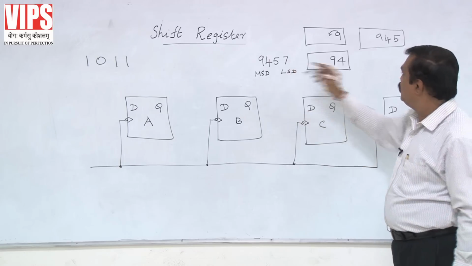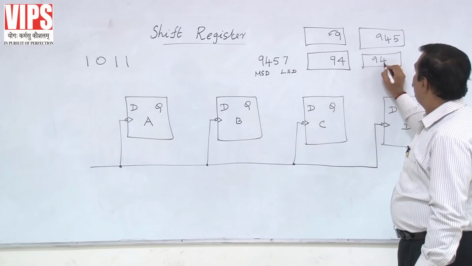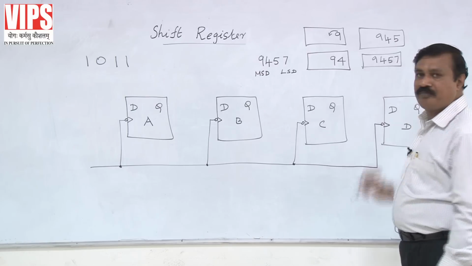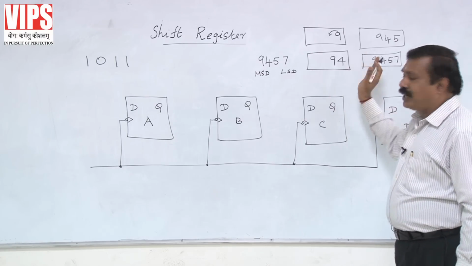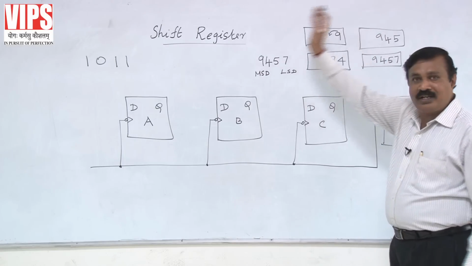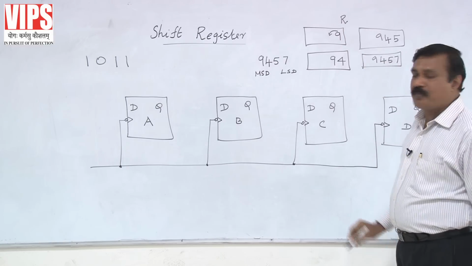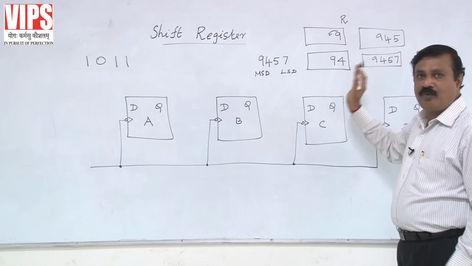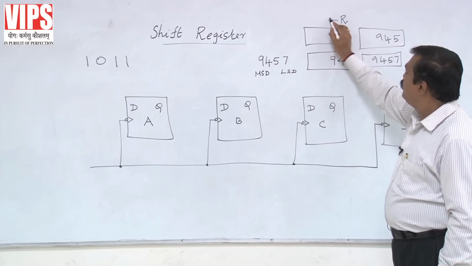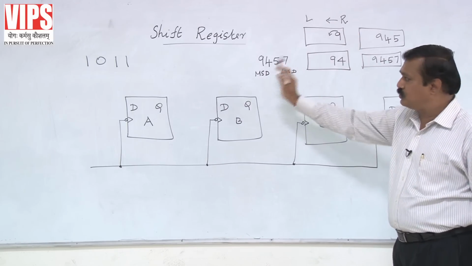If you enter the last number, then 9, 4, 5, 7. It is a right to left shift. Here the number appears at the right and numbers are moving from right to left.